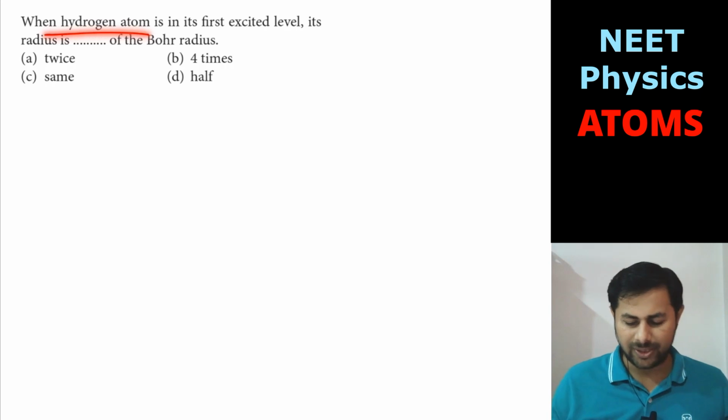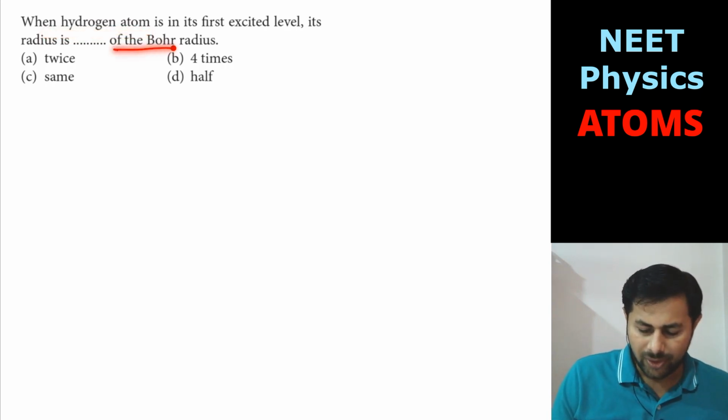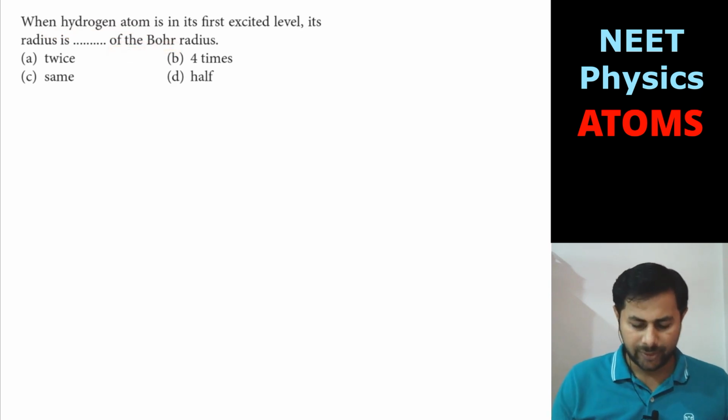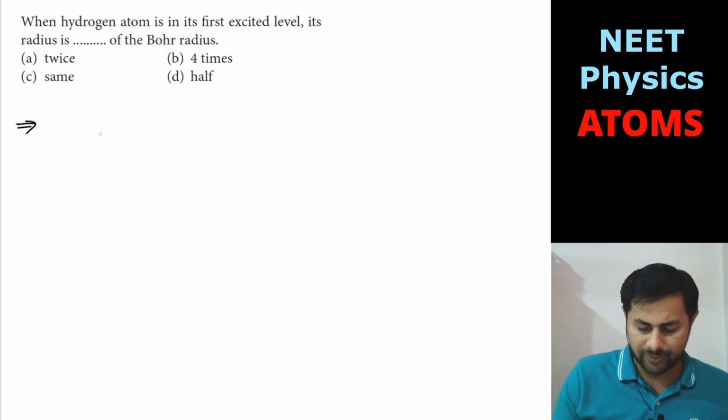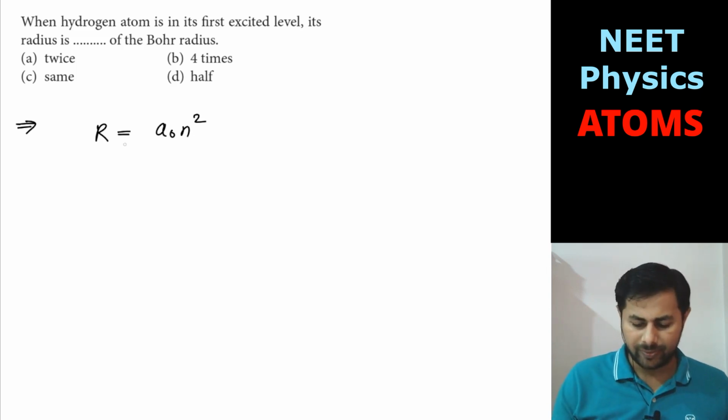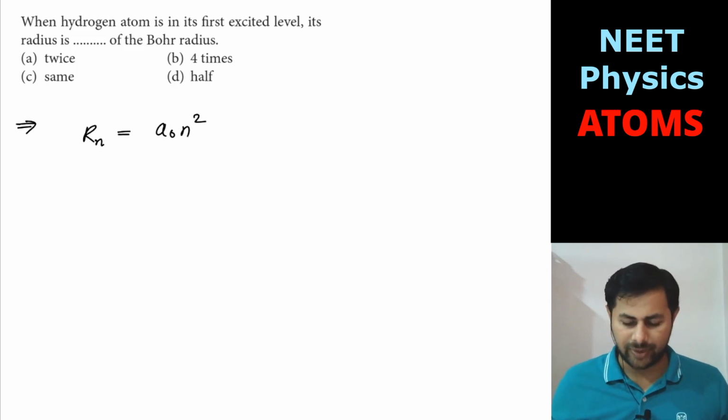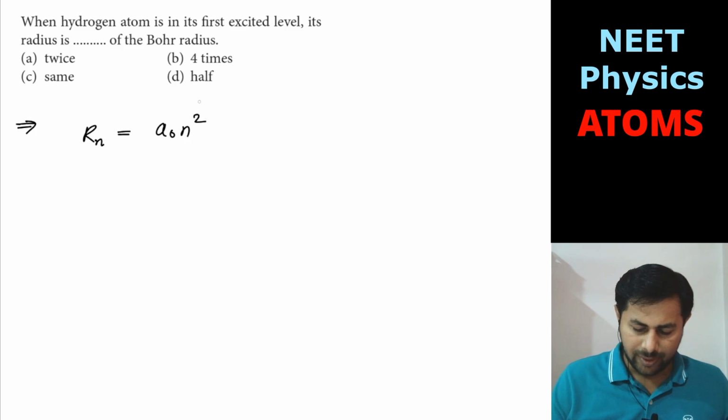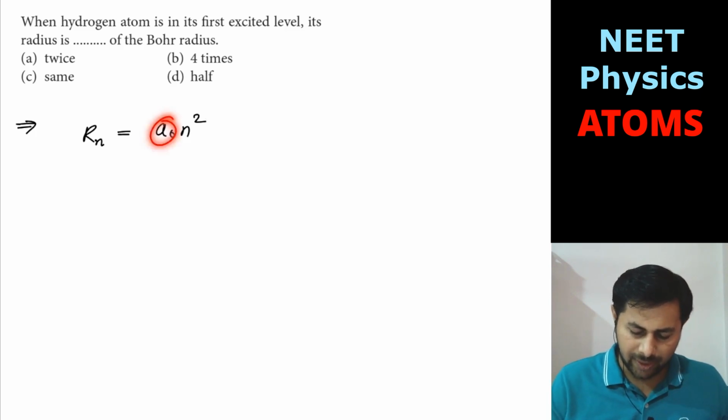When a hydrogen atom is in the first excited level, its radius is how many times the Bohr radius? So we know the radius for the nth orbit is Rn equals a naught times n square, where the Bohr radius is a naught.